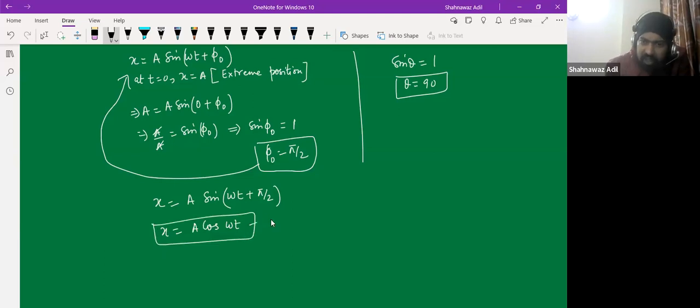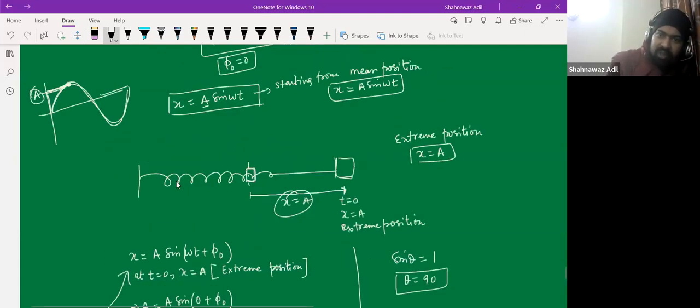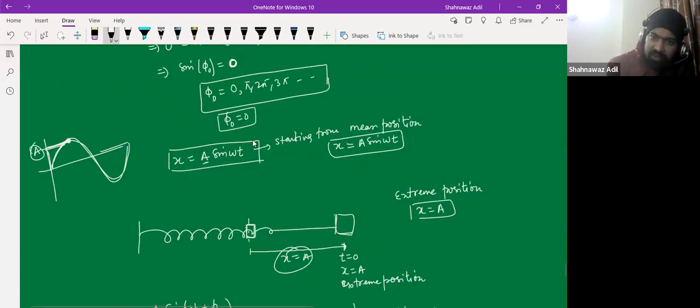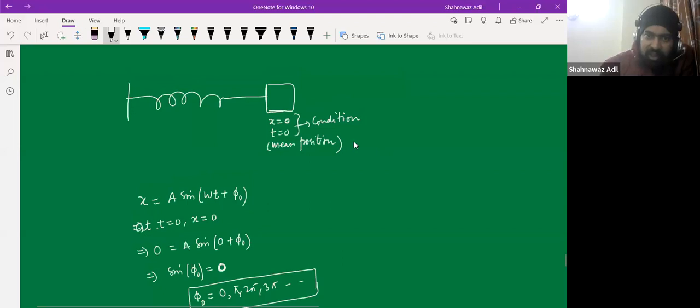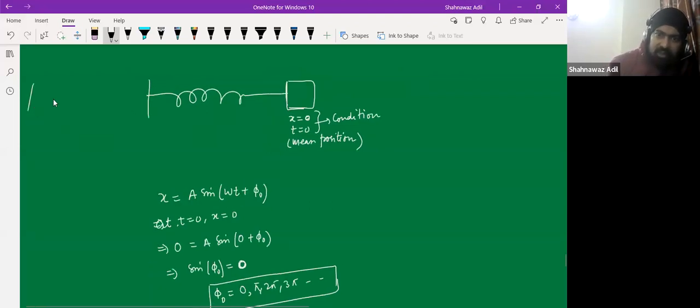Whenever the object is starting from extreme position, we will use this function. And when the object is starting from mean position, then we use the other function. So this is the only difference. Please note it down, and then we'll stop here.